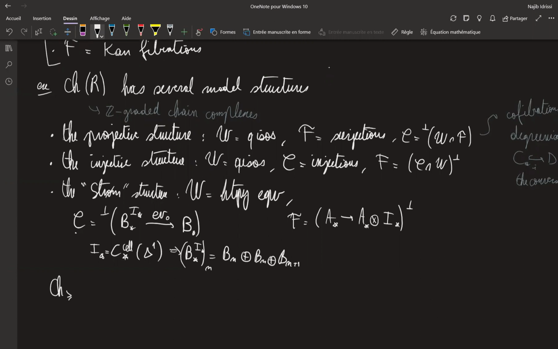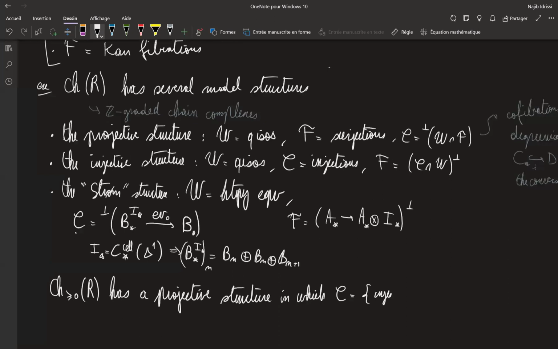Let me mention that Ch_{≥0} has a projective structure. So you take quasi-isomorphisms and surjections as weak equivalences and fibrations, and in this case you can describe cofibrations.